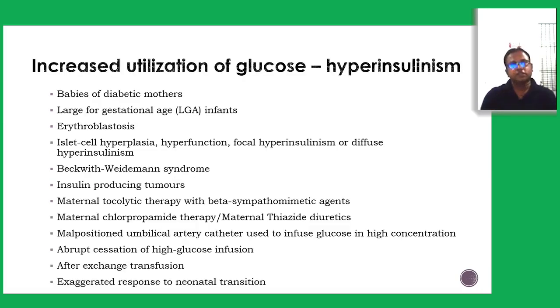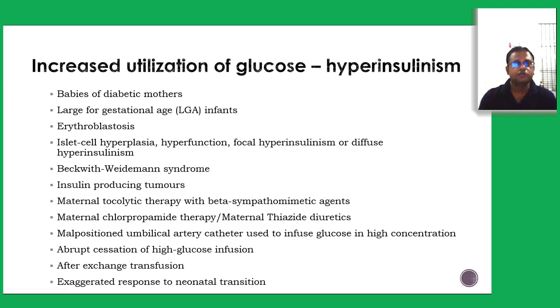Increased utilization of glucose, or hyperinsulinism, is seen in babies of diabetic mothers, large for gestational age babies, and erythroblastosis. The problem is in the pancreas, like islet cell hyperplasia and hyperfunction, and also there can be insulin producing tumors. I hope you have heard about Beckwith-Wiedemann syndrome, where there are macrosomic babies who have hypoglycemic episodes that are very difficult to control.